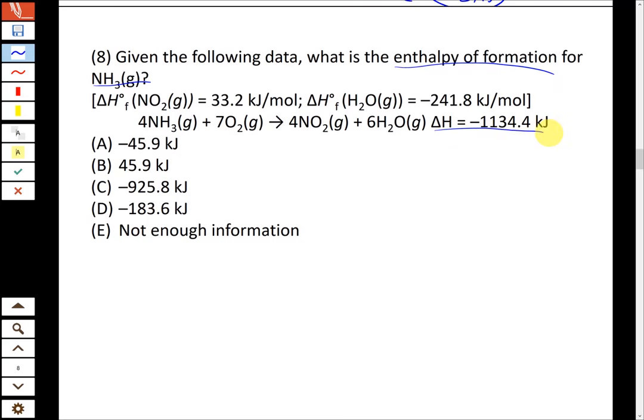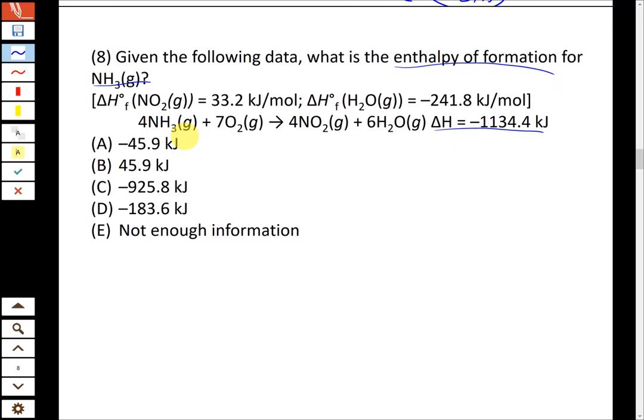So in problems like this, if you wanted to, you could write out all of the formation equations and then try to figure out how to add them all up to get the overall equation and find the unknown. But that's going to be a little bit unwieldy here because you have to produce a few equations, you have to figure out how to combine them, you have to find your unknown delta H that way. So that's not going to be the most straightforward way to do this.